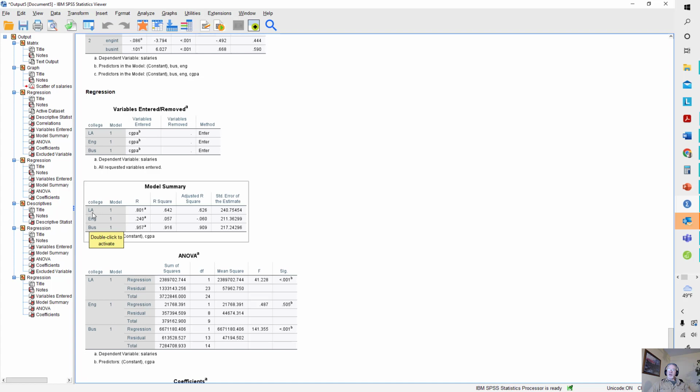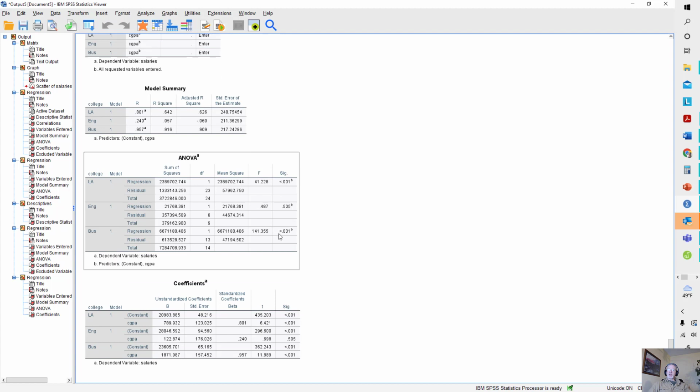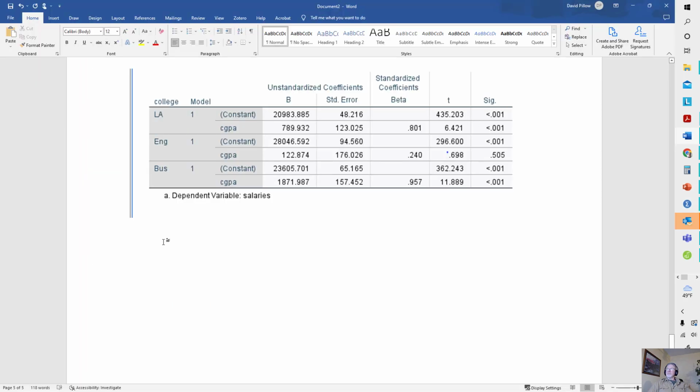You can see here the model summaries. It's doing the model for the liberal arts major, the model for the engineering major, the model for the business major. And what I'm really interested in is down here at the bottom. And here it is looking larger.